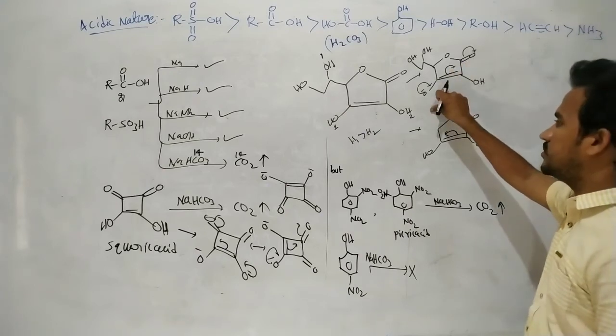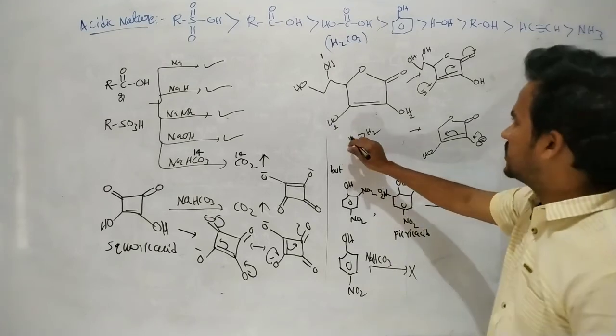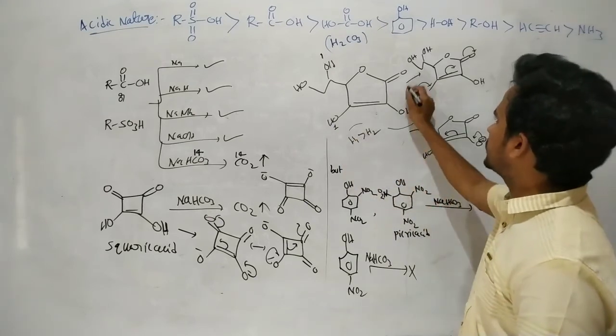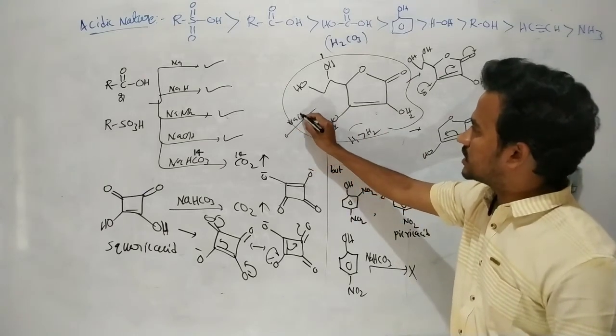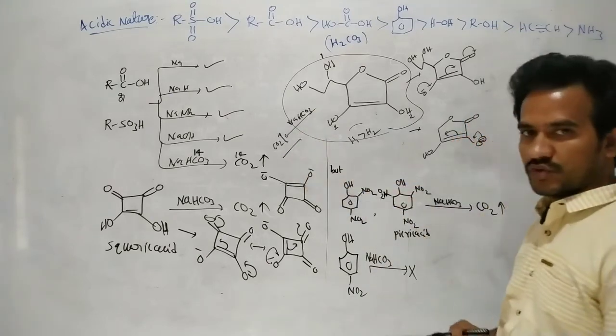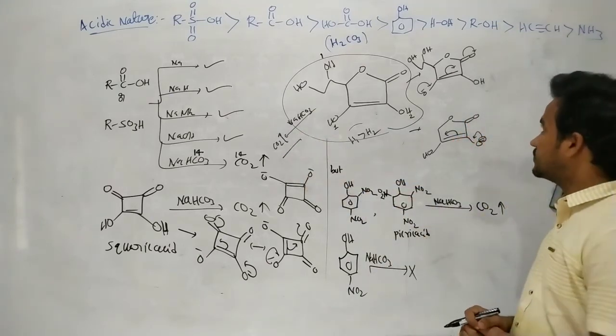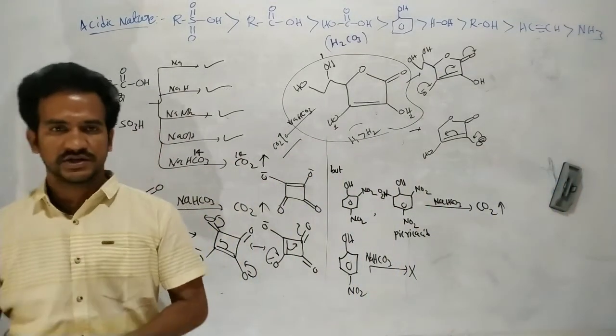So it is a more stable conjugate base, that's why this proton is more acidic. And one more important point, this ascorbic acid also decomposes sodium bicarbonate and releases CO2. So those are the acid base reactions.